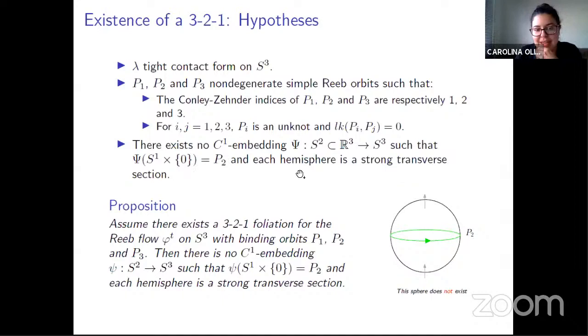Because this hypothesis is weaker than asking for the non-existence of a transverse sphere. This is maybe a strange hypothesis to check, but actually all these hypotheses are necessary for the existence of the transverse foliation. We can prove that if you have a 3-to-1 foliation, then you cannot have a sphere like this.